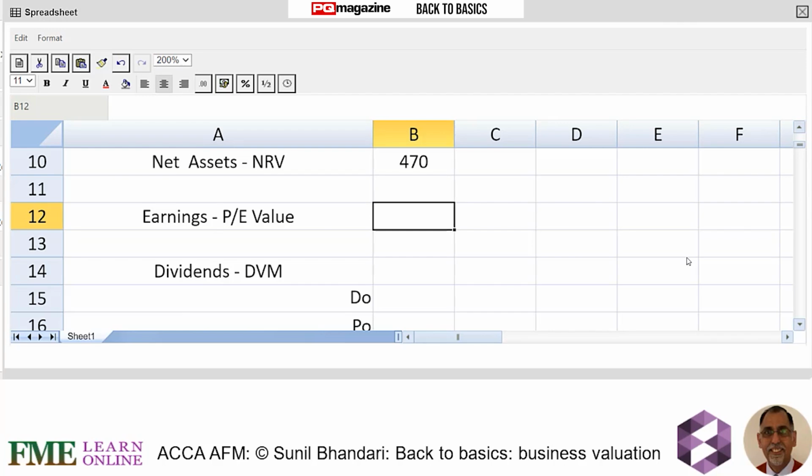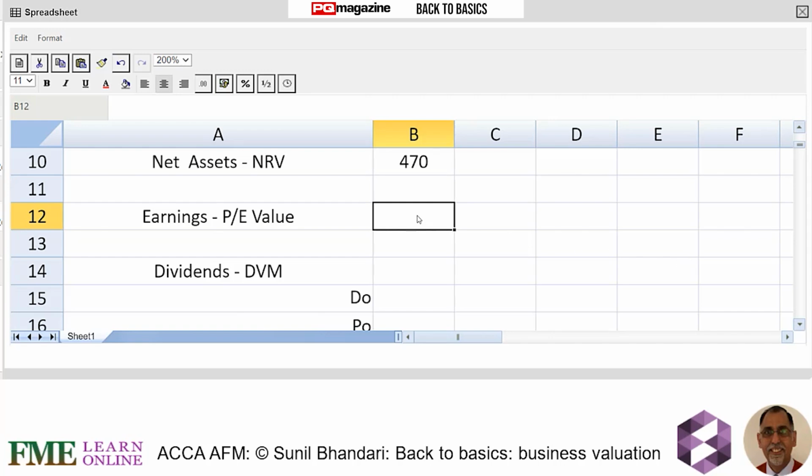Now, I accept that in FM, there's also an earnings yield model that is used. But I wanted to make sure that this lecture was beneficial to both the FM and the AFM students. And in AFM, we don't see earnings yield valuations, we only see PE valuations.